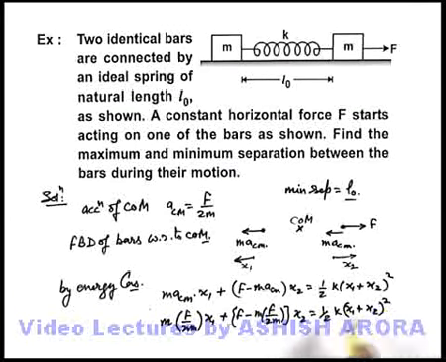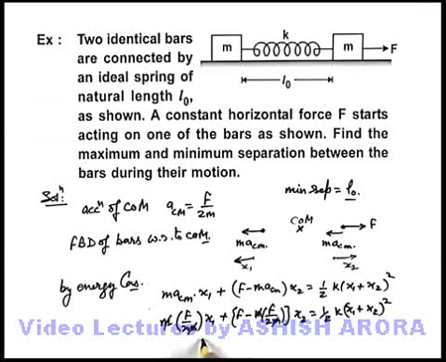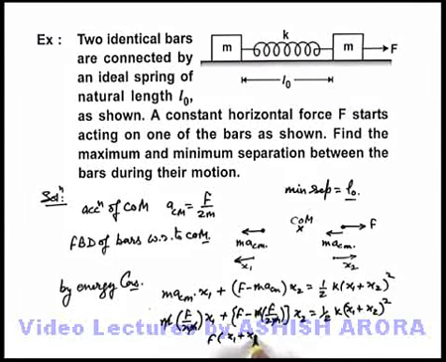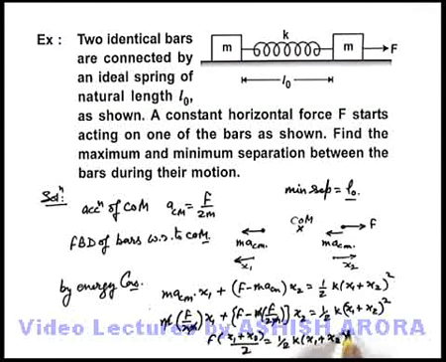Now in this situation you can see this m gets cancelled out. If we take F common on the left hand side, it will be x1 by 2 plus x2 minus x2 by 2, that will be (x1 plus x2) by 2. So here we'll be getting F into (x1 plus x2) by 2 equals half K (x1 plus x2) whole square.